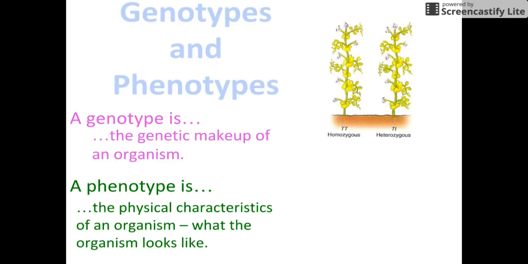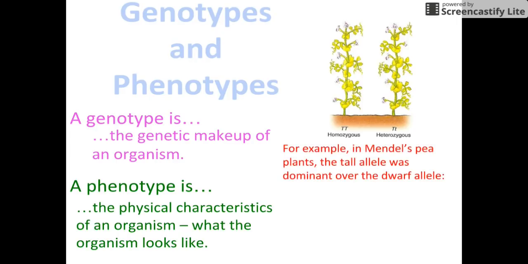Their phenotypes are the same because they're both tall, but the genotypes are different because one is homozygous dominant and the other one is heterozygous, meaning it has a big T and a little t. For example, in Mendel's pea plants, the tall allele was dominant over the dwarf allele. So capital T gave you tall, and little t gives you dwarf.